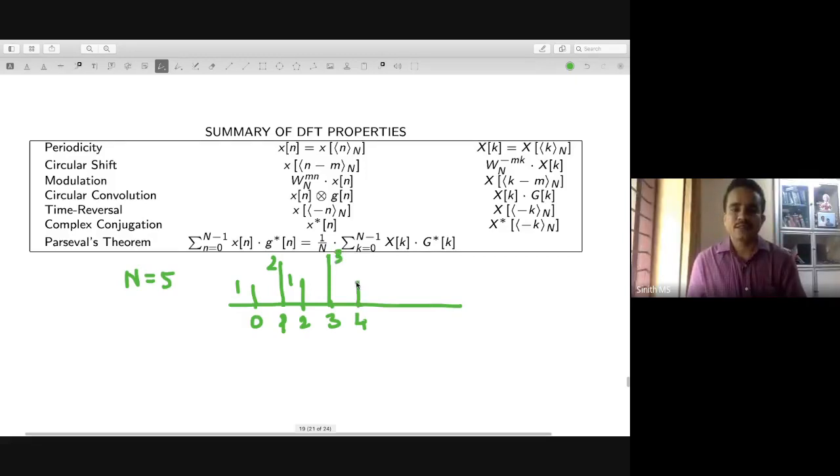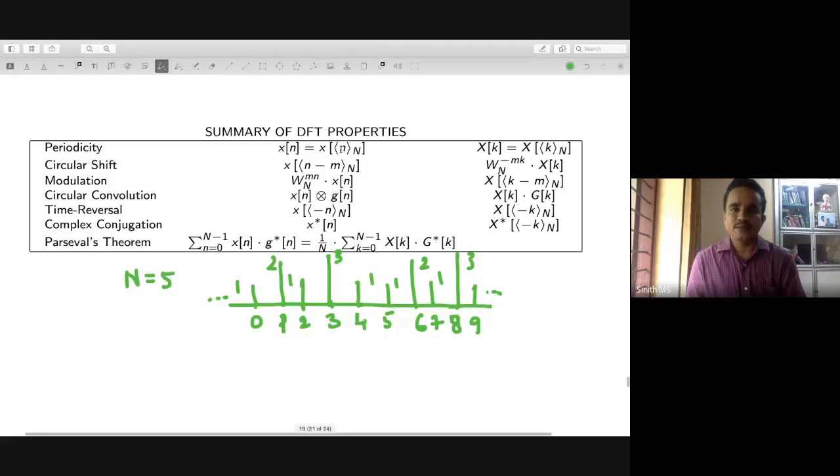Then this will get repeated. You will have the same 1, 2, 1, 3 from 5, 6, 7, 8, 9. So in the 10 samples, you can see that whatever is from 0 to 4, it gets repeated from 5 to 9. So this gets repeated all the way. So that's what is represented here: x[n] is x of n modulo N.